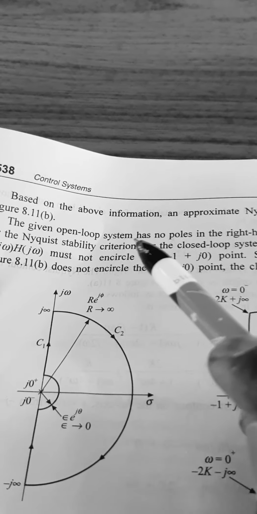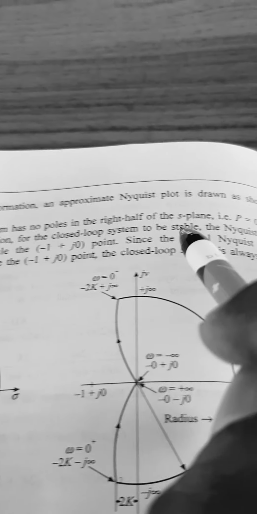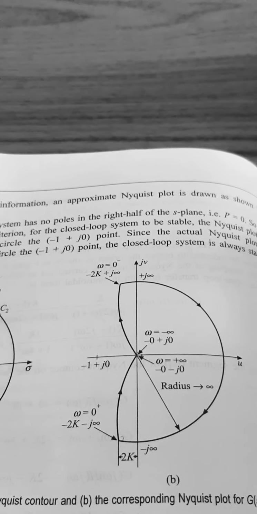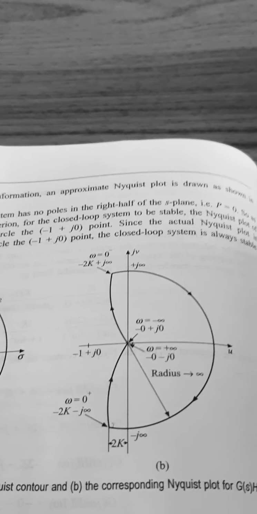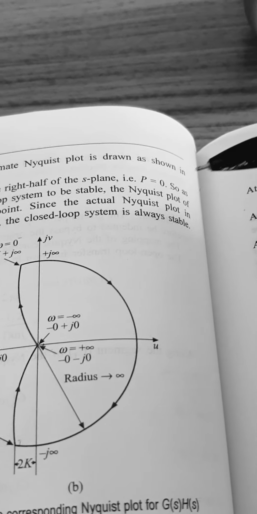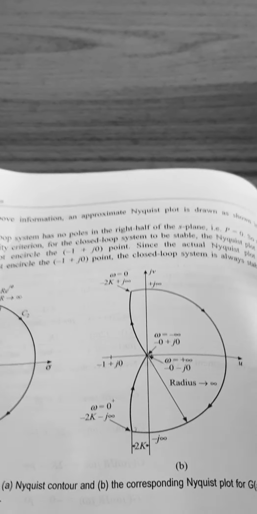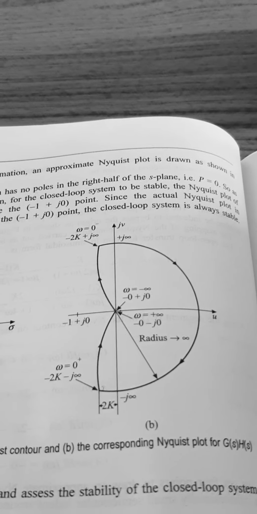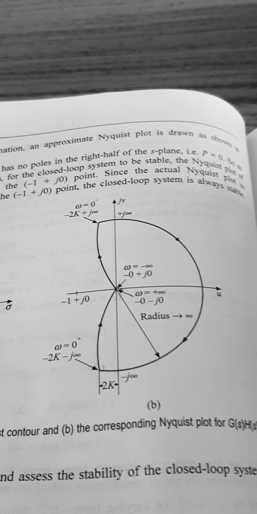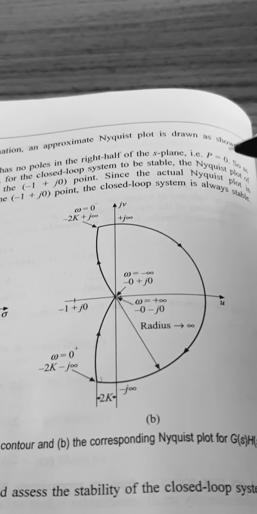The given open loop system has no poles in the right half of the S-plane. If there is any pole on the right half of the S-plane, then P counts that. But here there are no poles on the right half, so P is equal to 0. There is no zero on the right half of the S-plane, so Z is also 0.